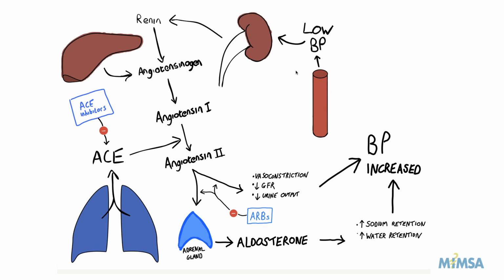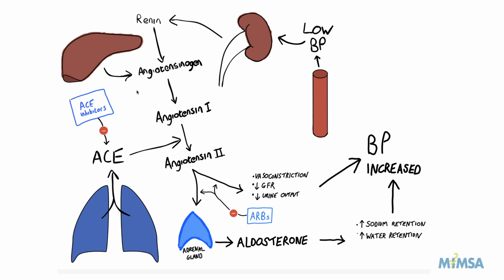So there's low perfusion, and to increase the perfusion, you need to start constricting and increasing the blood pressure, so that the flow is still maintained. Stretch receptors in the juxtaglomerular apparatus detect low blood pressure and low glomerular filtration rate. This causes renin to be secreted.